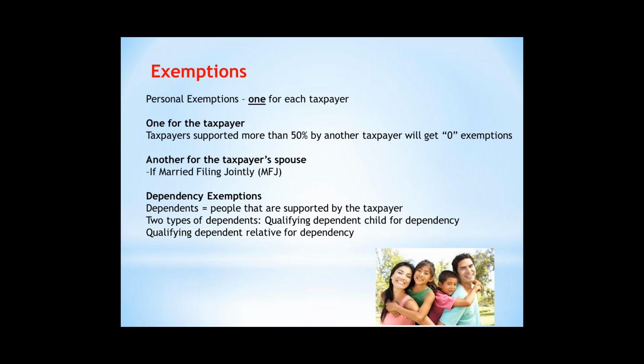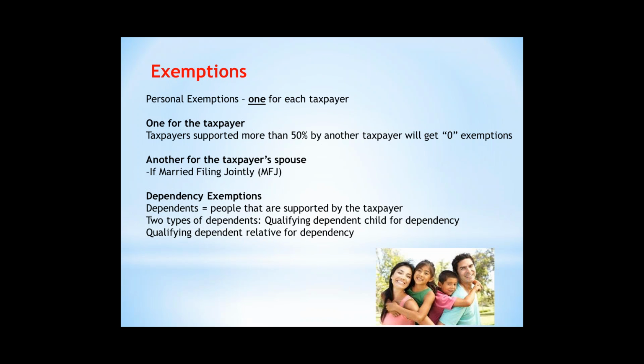An issue when a person will get no exemption is if they are being claimed on another tax return. For example, if a family comes in and they indicate that their son is working, he's 16, he's going to want to file his own tax return, but he does not get to claim his exemption on the tax return.